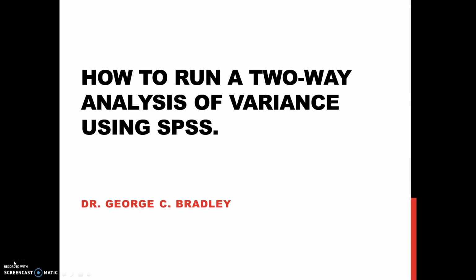Bradley, and today's lesson is on how to run a two-way analysis of variance using SPSS. With a two-way analysis of variance, each participant must have scores on three variables: two factors or two independent variables, and a dependent variable.